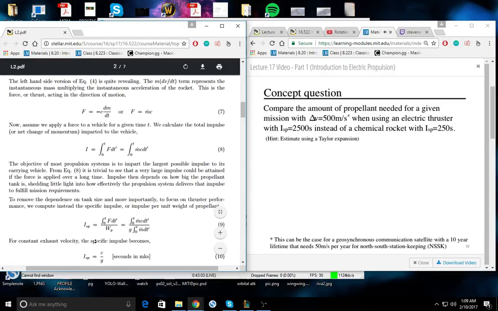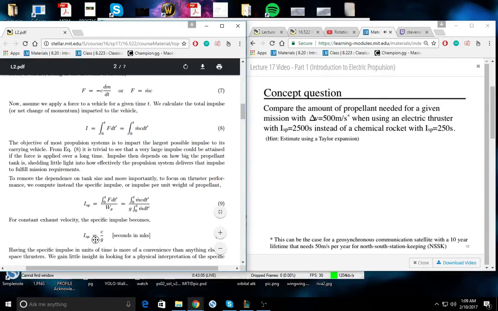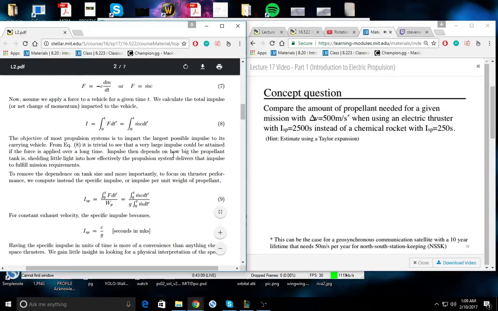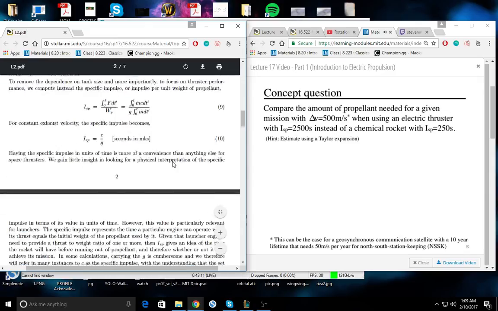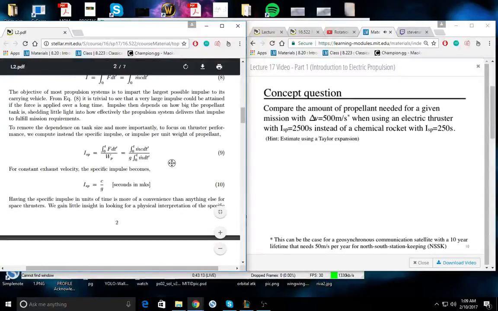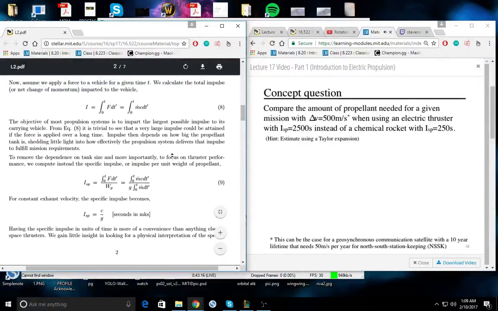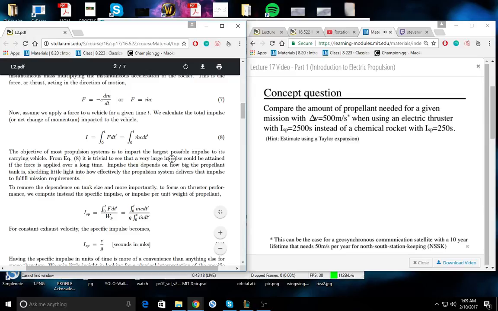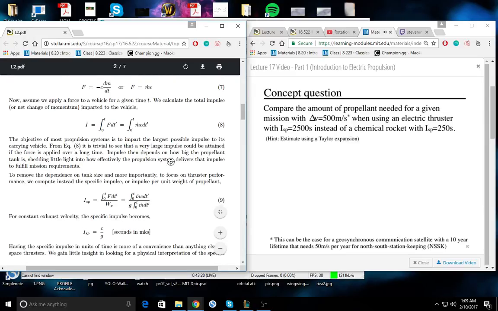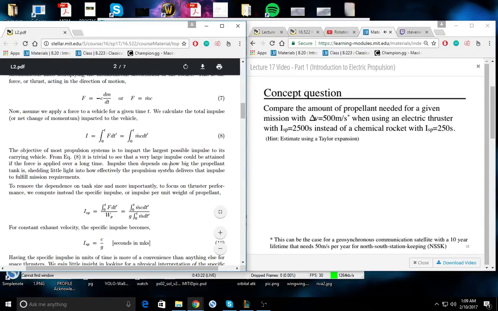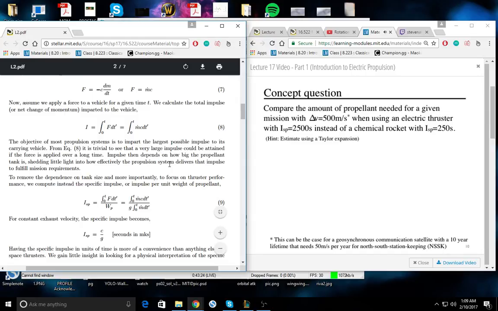You can use the Isp to find the C, which is the velocity, and then if you plug it into your equation, you can see that the exponent term decreases by about 10 times. Great, that's the right answer. Basically, if you plug it into the rocket equation, the propellant savings are of that order.